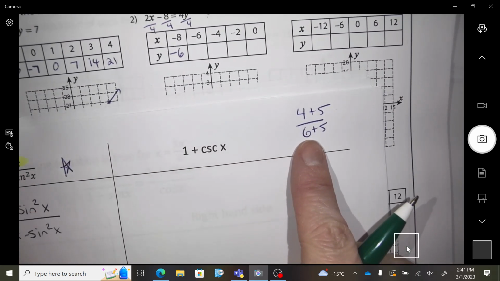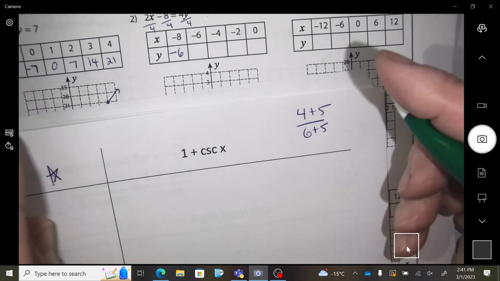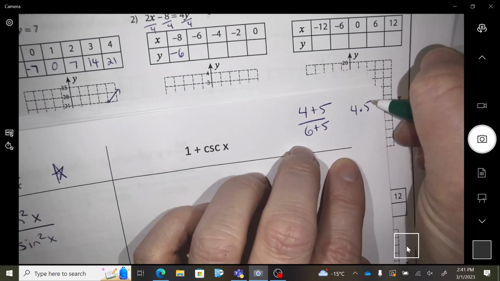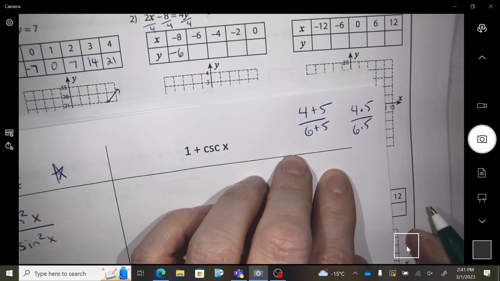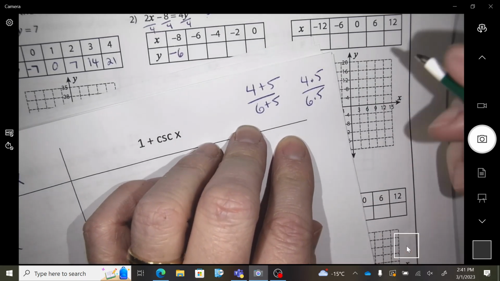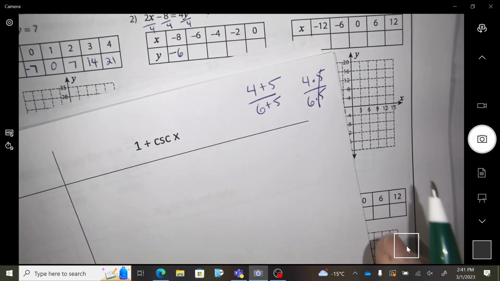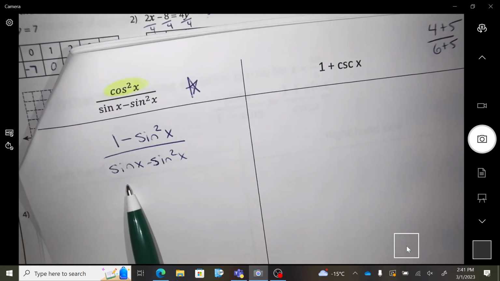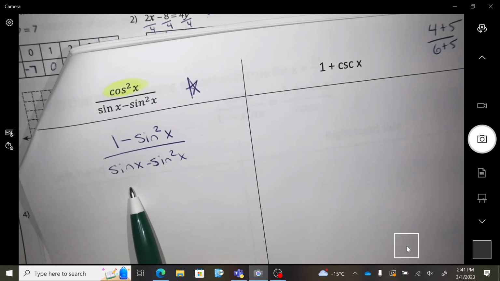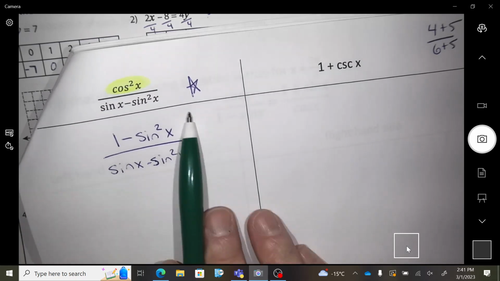Is canceling the 5 allowed? No. Can't cancel the 5. If I did this, could I cancel the 5s? Can't cancel adders. You can cancel multipliers. So you can't cancel that. Don't try it. Everybody always tries it because they think it's going to make them get there.